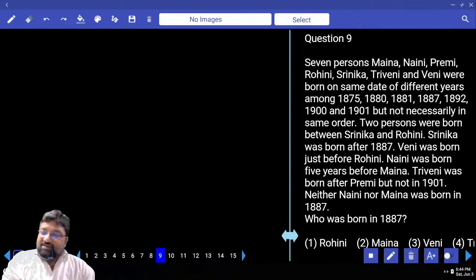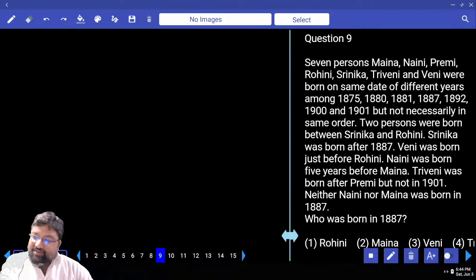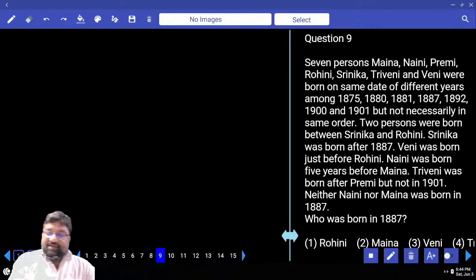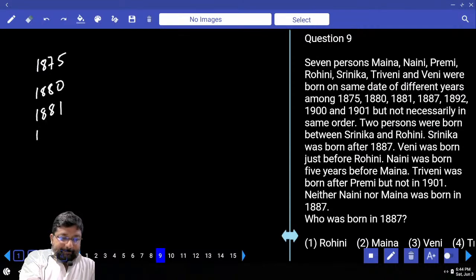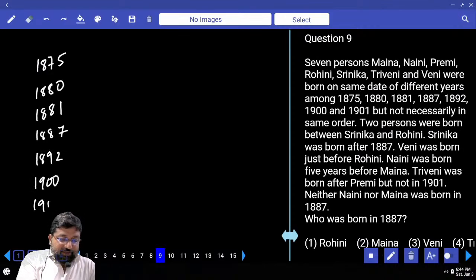Question number 9. 7 persons, Maina, Naina, Premi, Rohini, Srinika, Triveni and Veni were born on the same date in different years among 1875. First write down the years. 1875, 1880, 1881, 1887, 1892, 1900, 1901.